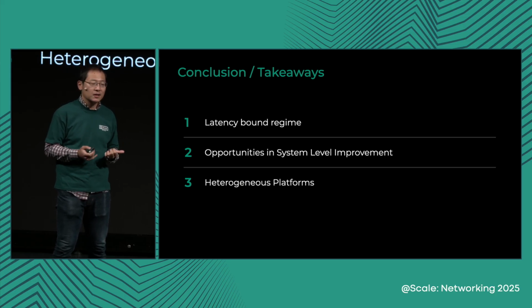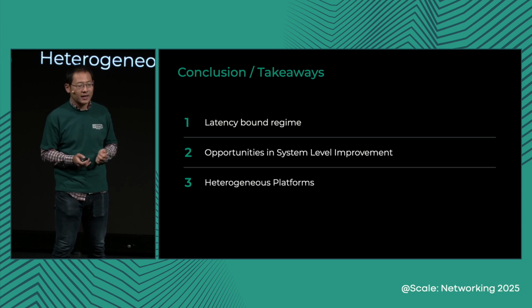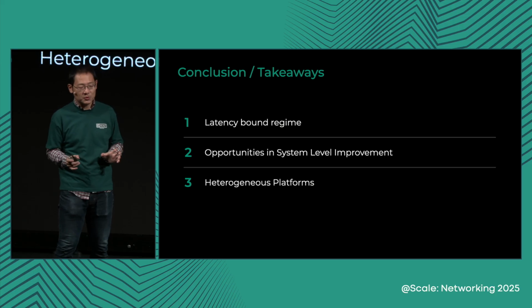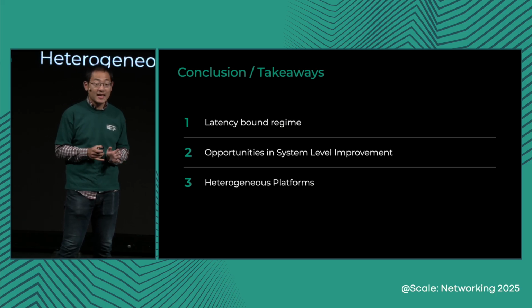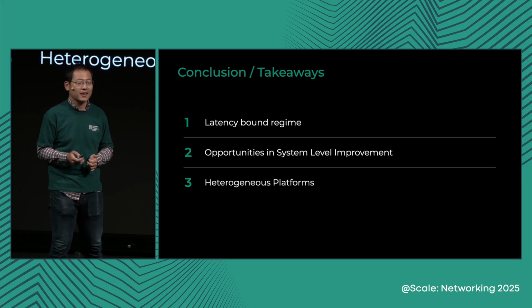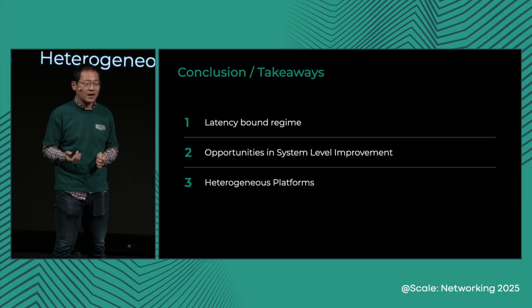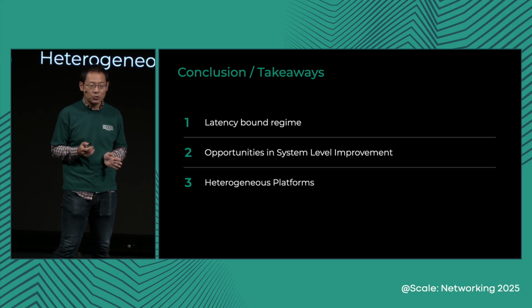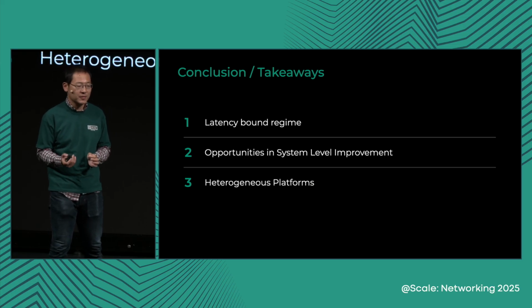With context parallelism, we can cut up the sequence length so that we can use multiple GPUs, even multiple hosts, to deal with 10 million context lengths, which is great, right? In expert parallelism, we are seeing how we can save the number of bytes sent over the wire with the dynamic all-to-all. These are system level improvements combined with networking optimizations.